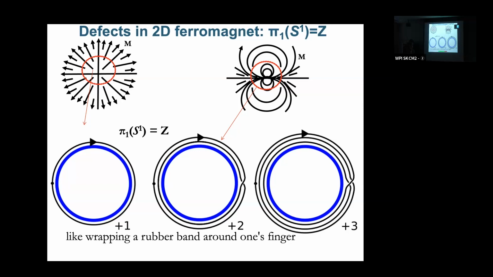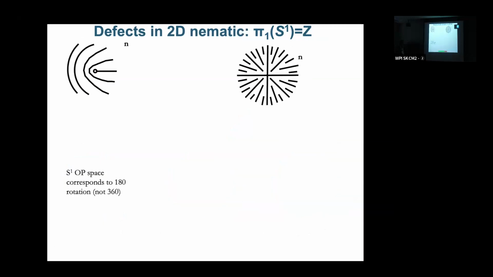So if you have a closed loop made of rubber, you can wrap it around, say, your finger, which has a circular cross section, an integer number of times by stretching that rubber, right? So mathematically, that's equally true for that rubber band and for this field configuration. Of course, it's a bit more challenging to see it for these fields, but you can think in terms of an analogy as simple as this rubber band.